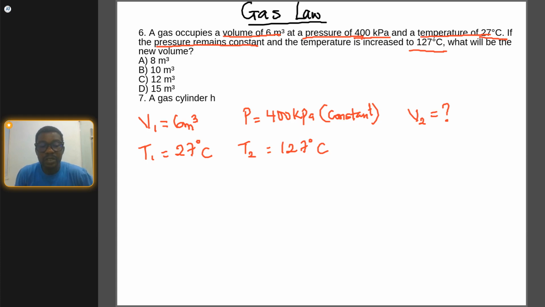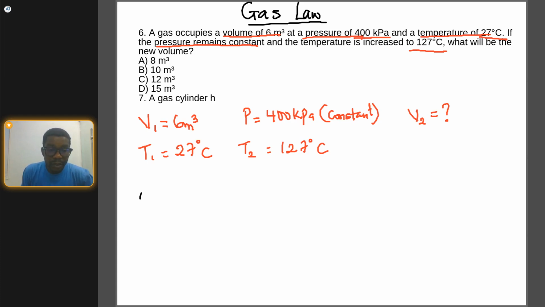To solve this, we need to first convert the temperature from degrees Celsius to Kelvin. To do that, you add the standard 273 Kelvin to both temperatures.